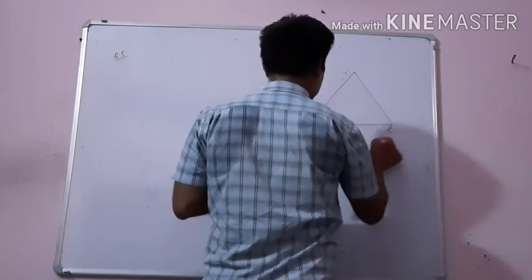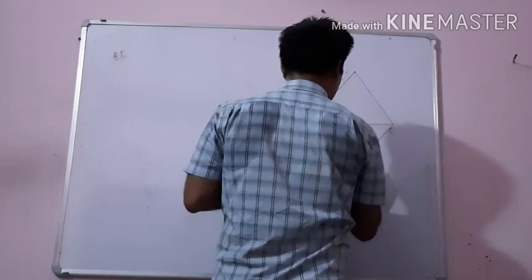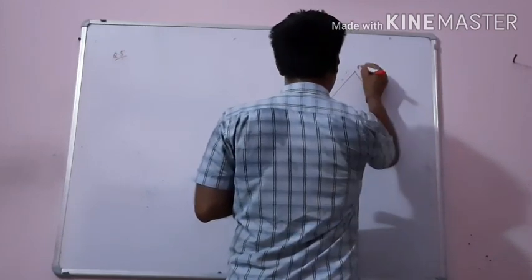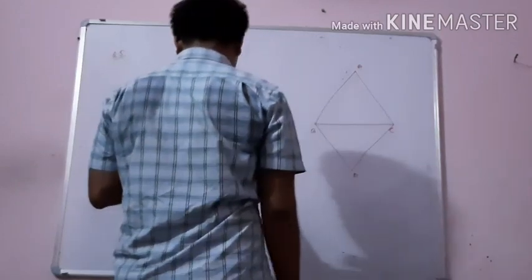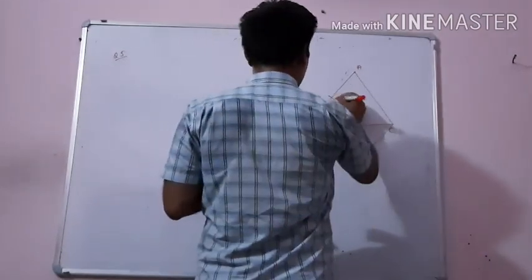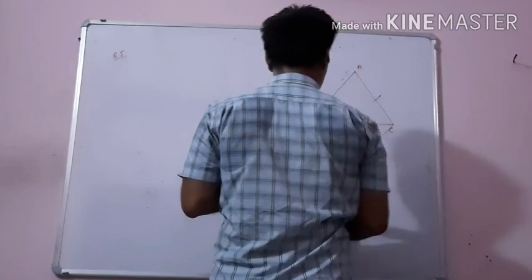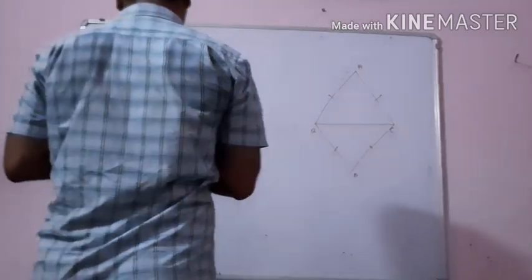This is D. This is A. Now what we have to prove? ABC is isosceles, so this side equals this side. Now what is given?